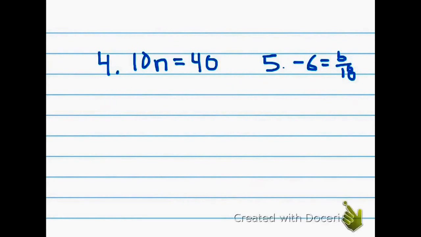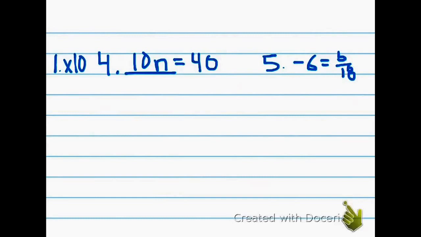4 and 5 are dealing with different operations. So I'm going to write out my steps. This means being multiplied because the variable and the 10 are together. So I could write my variable is being multiplied by 10. So instead of multiplying by 10, I have to divide by 10.